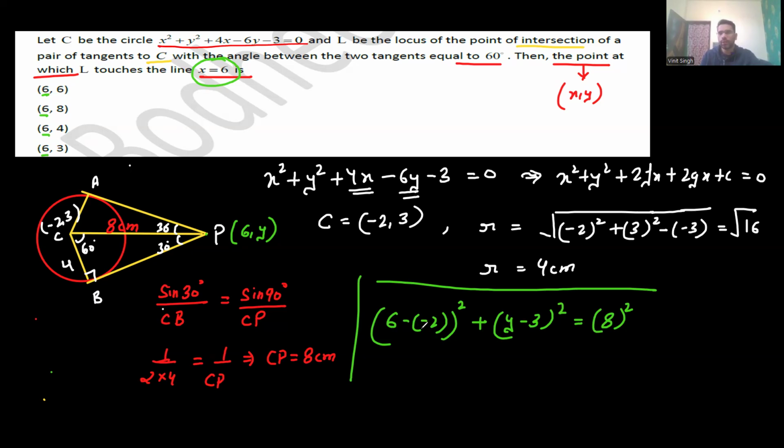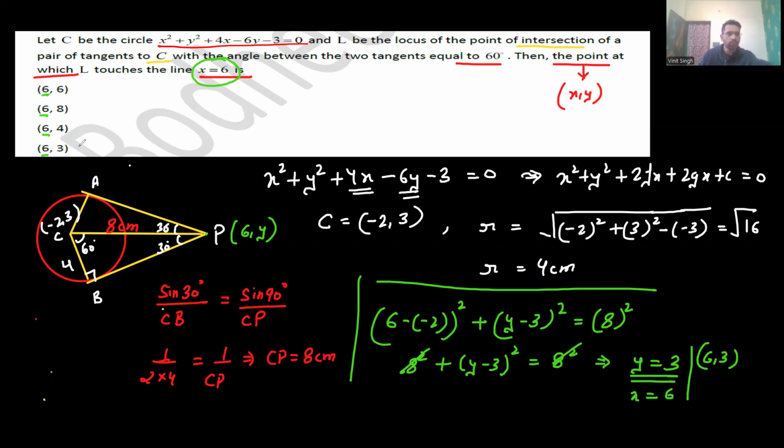So (6 + 2) whole square, which is 8 square, plus (y - 3) whole square is equal to 8 square. The 8 squares cancel, then y is equal to 3. y is equal to 3, x is equal to 6, so the coordinate will be (6, 3). So option number 4 will be the right answer.